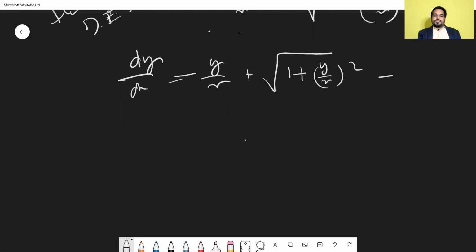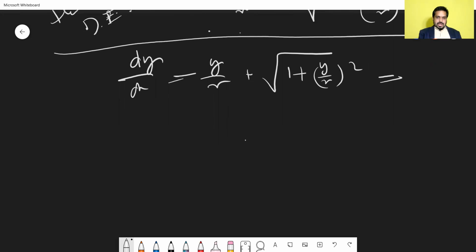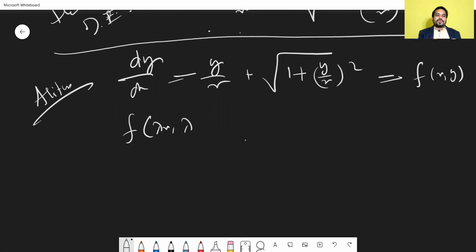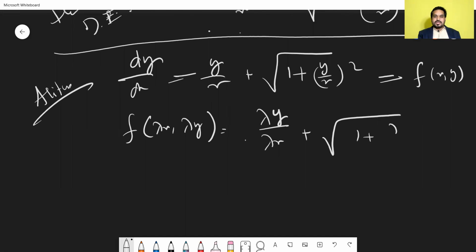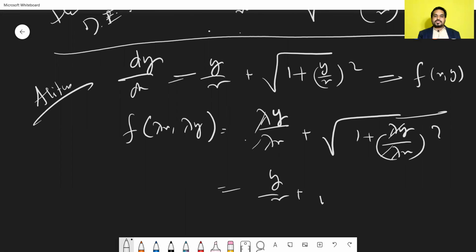Another process is, suppose we take this f of x, y, in place of x we take lambda x, and in place of y lambda y. Then lambda y divided by lambda x plus root over 1 plus lambda y by lambda x whole square. Now lambda and lambda cancel, so y by x plus root over 1 plus y by x whole square. So that is f of x, y.